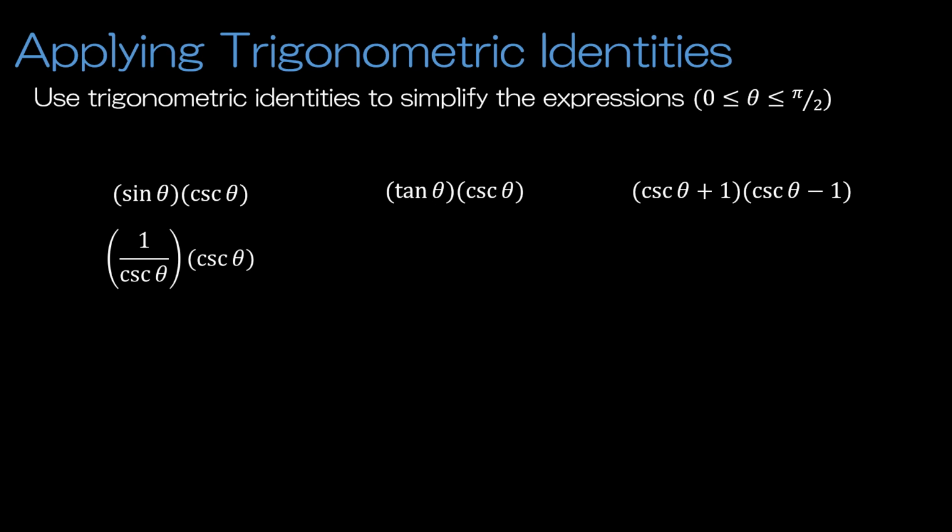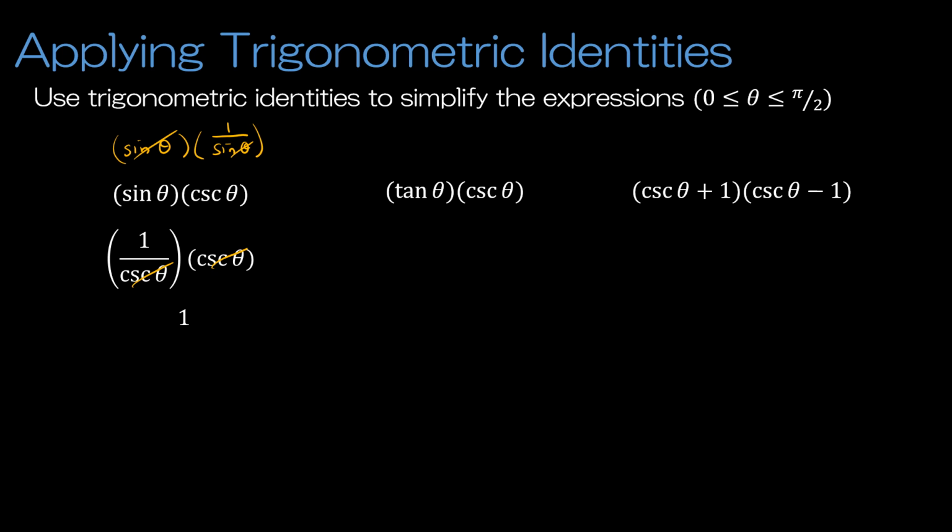We know that cosecant is 1 divided by sine, or sine is 1 divided by cosecant. Either way I did that, I'm going to end up finding that I can cancel and end up with the value of 1. So whether I rewrote this as sine theta, and then cosecant is 1 divided by sine theta, either way I would end up with just 1 as my solution.